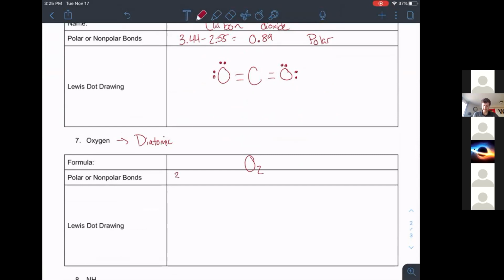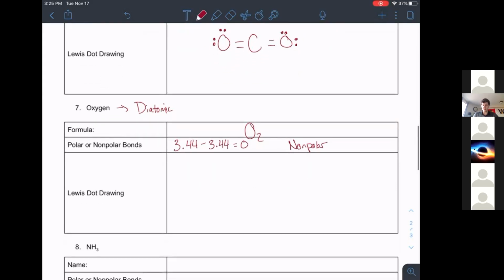When we do that electronegativity difference, we will get 0 because it's the same number twice, which means it's a nonpolar bond. And when we draw that Lewis dot structure, again, there is a double bond between my oxygens because each one wants to create 2 bonds, and we need to bring those 2 pairs of lone pairs back onto our oxygen atom.